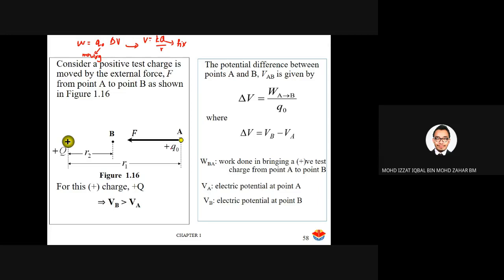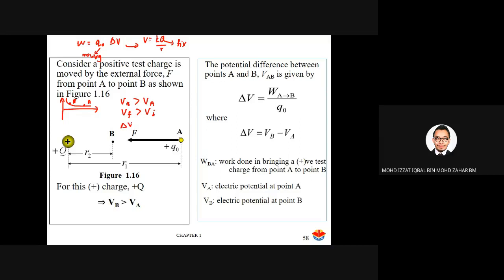You can imagine this one and this one, which has the larger potential. You can always refer back to the initial graph I showed earlier. For a positive charge, it looks like this. The position of A is further away compared to B, which is a bit closer. If I want to move from A to B, my VB is my V final, and V final is bigger than V initial.